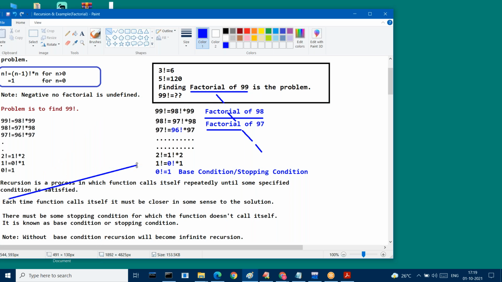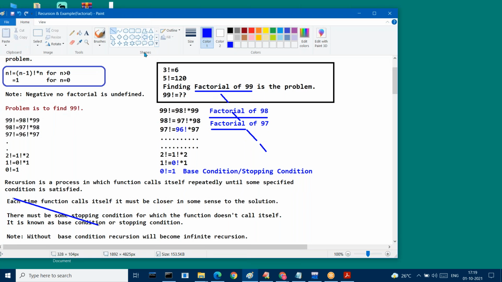If I stop calling, I will not get the solution. And here the biggest question arises: sir, how long will I make the calling? That's why there must be some stopping condition for which the function does not call, and that stopping condition is known as the base condition or stopping condition.